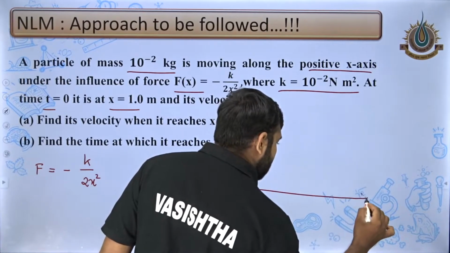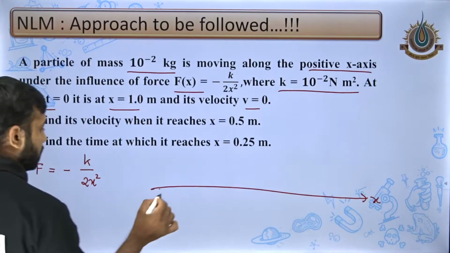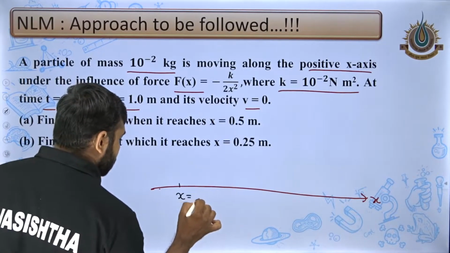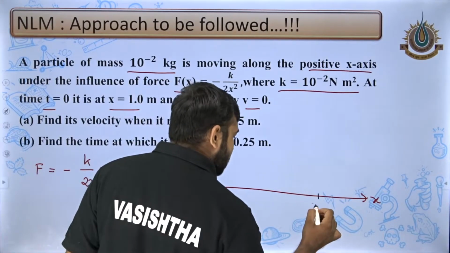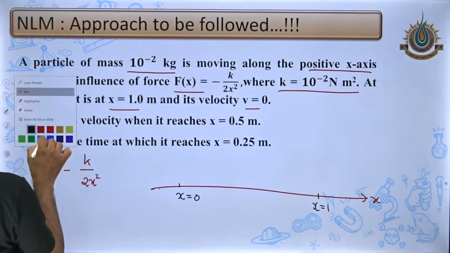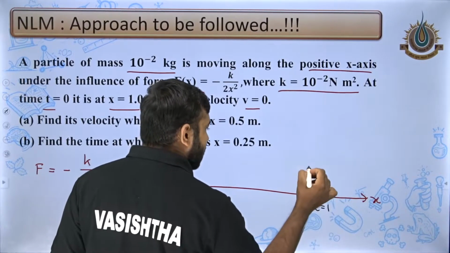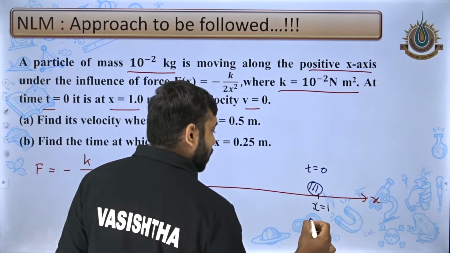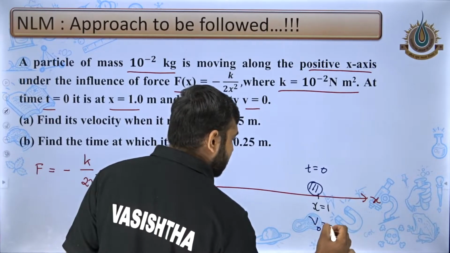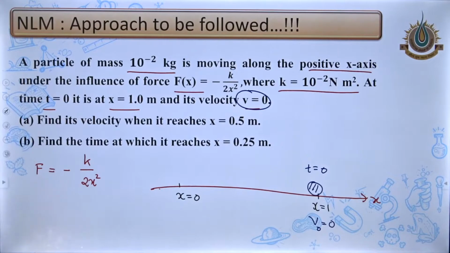Suppose this is the x axis and somewhere here x is equal to 0 and somewhere here x is equal to 1. So initially when t is equal to 0, the particle is somewhere here. Let's draw the particle. This is the particle at time t equal to 0. Its initial velocity is 0, so let's take v0 equal to 0.